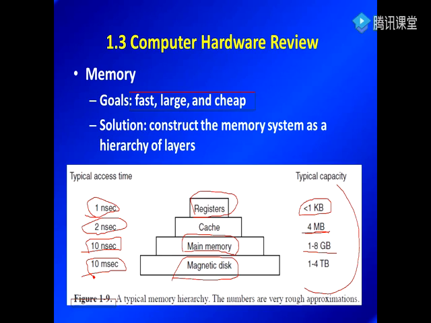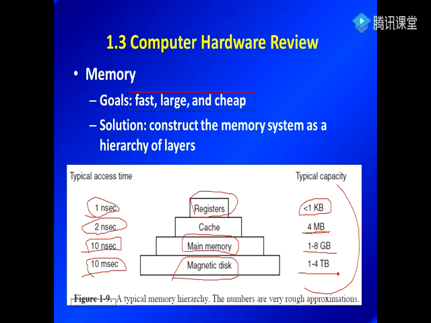So of course magnetic disk is very slow, but the advantage of the magnetic disk is it's very cheap and it can provide large capacity. Usually we can get even more than 4 terabytes of disk space through magnetic disk.